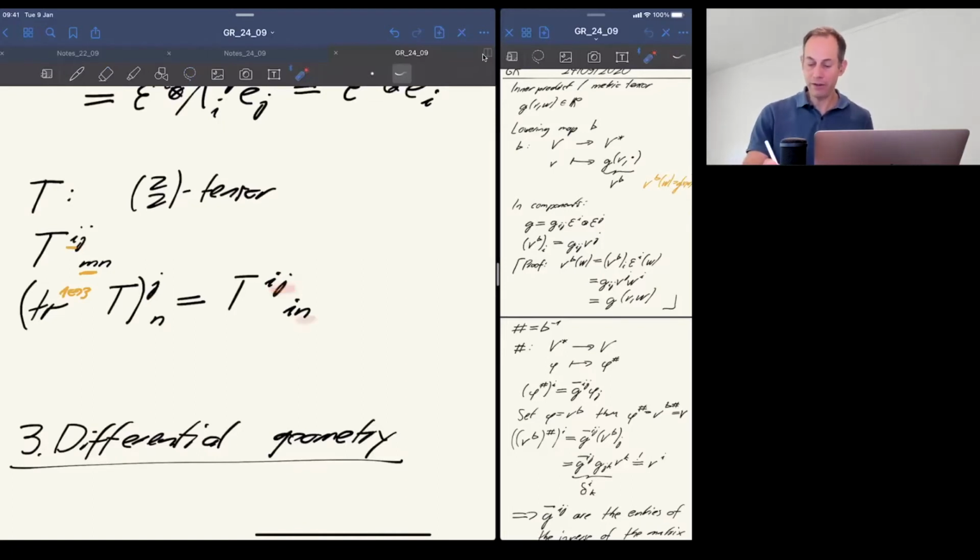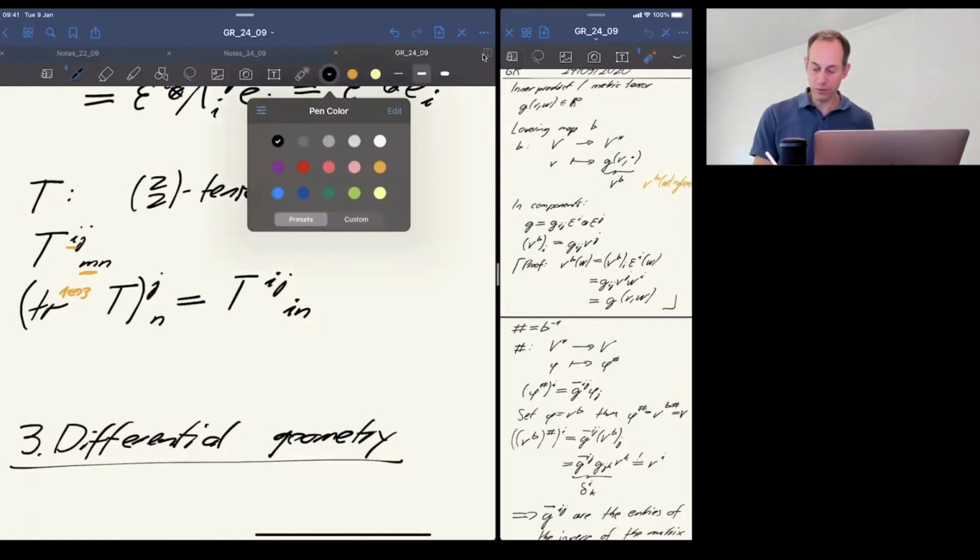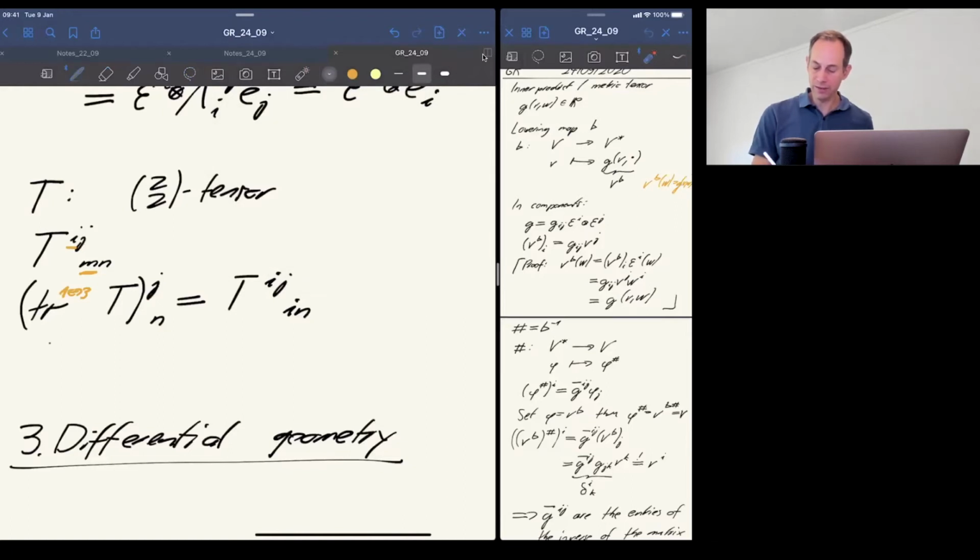So if you compare this to the case that we've seen, let me maybe put that here below. We have seen another tensor, let's call it S, which is just a 1-1 tensor. In this case, if I take the trace of S, then I would just have S, I.